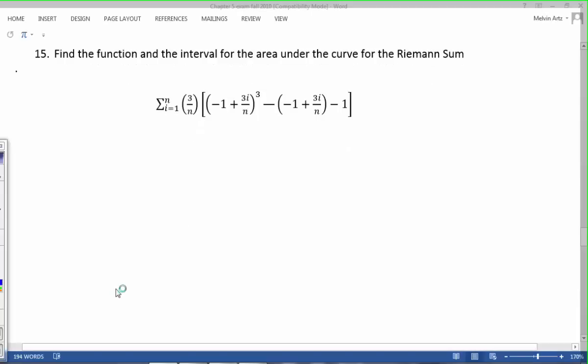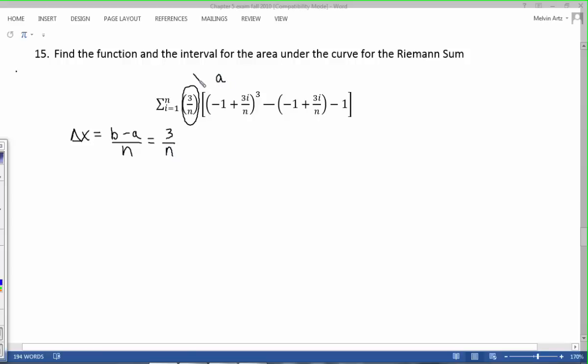Find the function and the interval for the area under the curve. I know that to find delta x, the width, I take b minus a over n, which would be this piece right here. So I know b minus a would be 3. That would be the width of our interval.